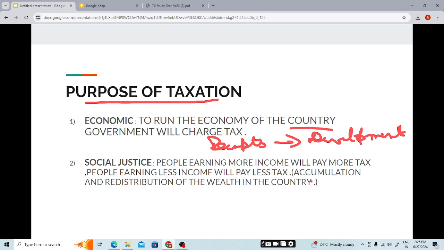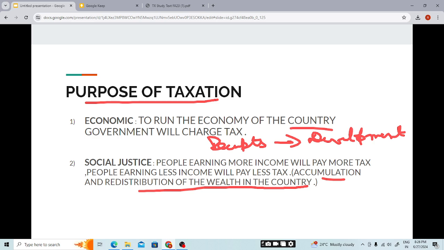This is because of the accumulation and redistribution of wealth in the country. What does social justice mean? The redistribution of the wealth in the country. So the government charges taxation on us.